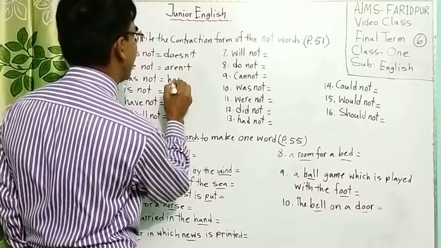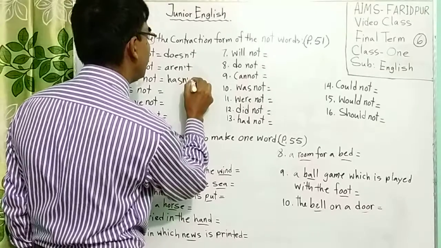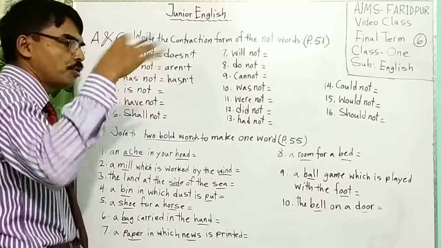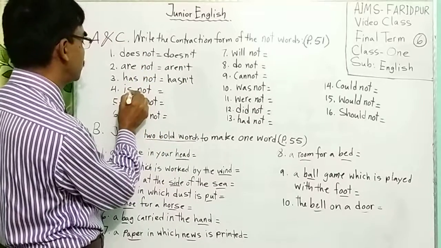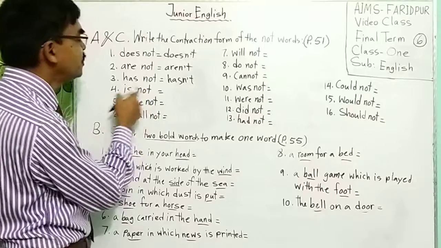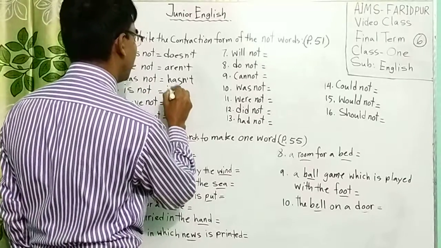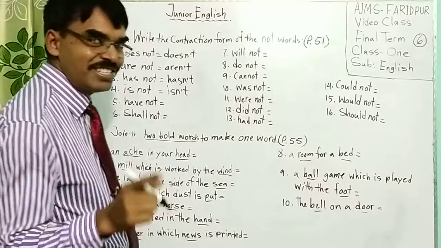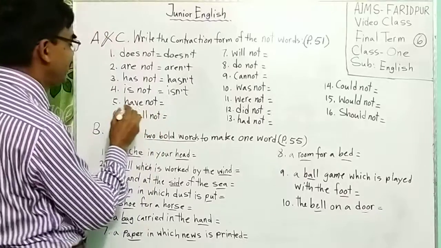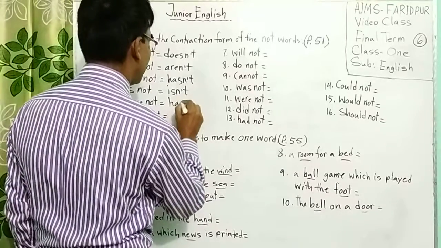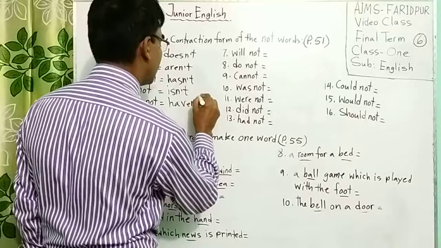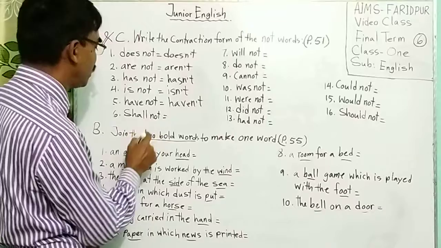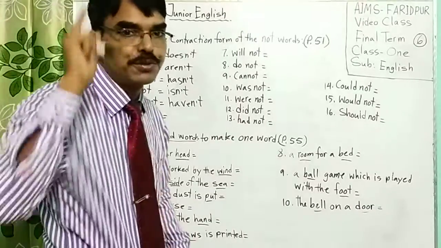Complete has, and then n apostrophe t, apostrophe instead of O, so O is omitted. Then is not, isn't, right? Is, then n, isn't. Is it not easy? Okay, so have not, here have, then n apostrophe t.